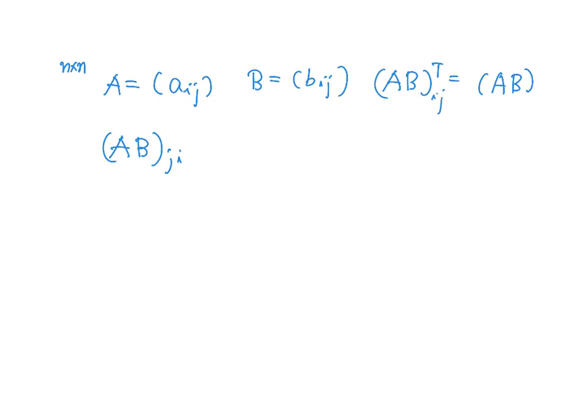The Ij component of AB is, by definition, the Ji. So (AB)ji is, according to the definition, the sum over k equal to 1 to n of Aik Bkj, right?